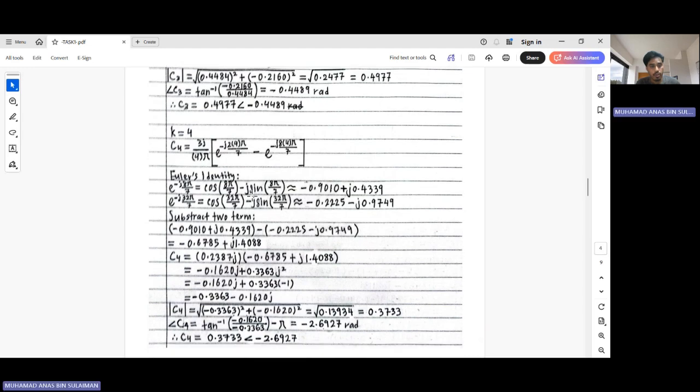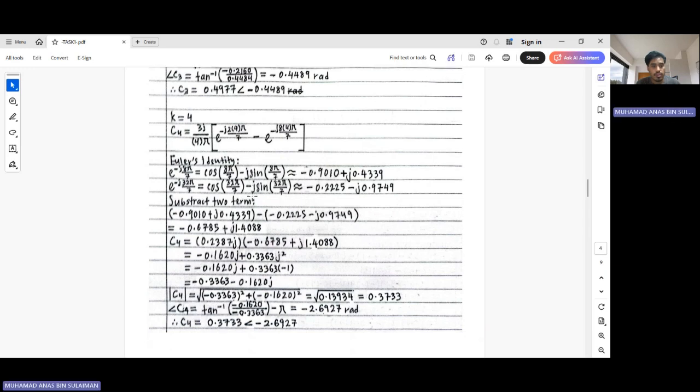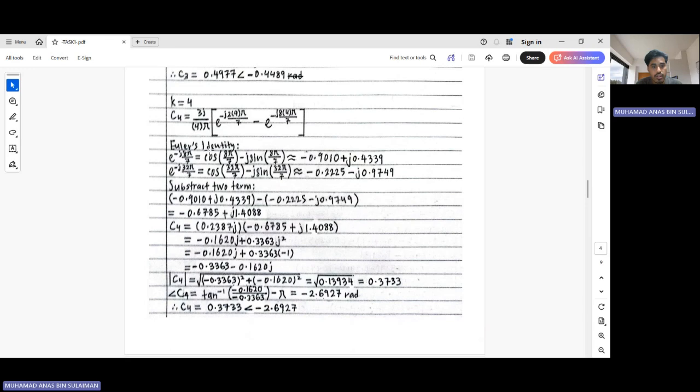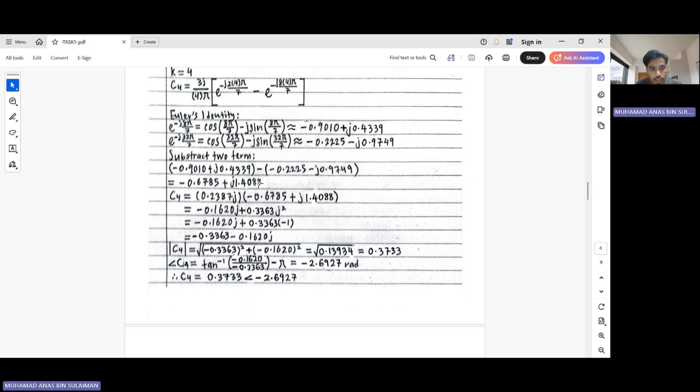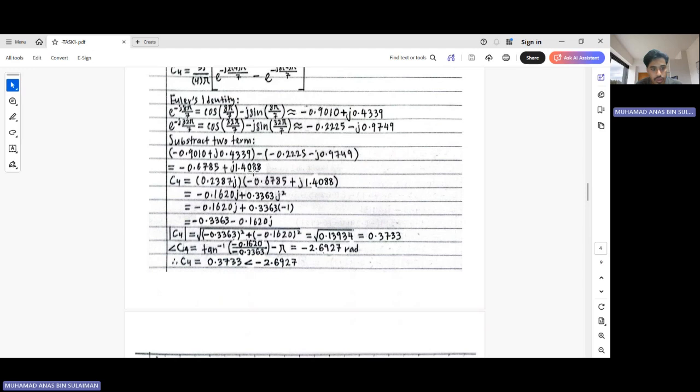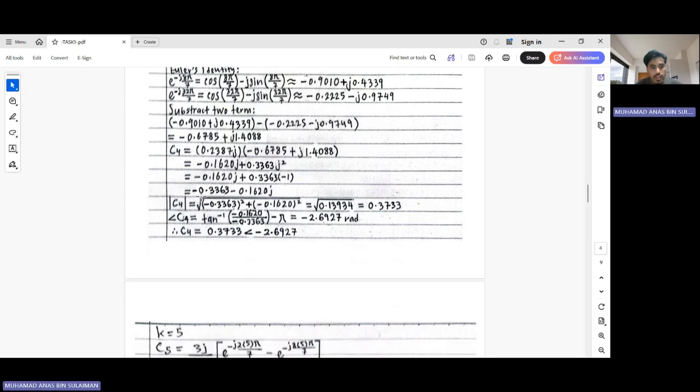But for the fourth and fifth terms, they are slightly different. Even though we use Euler's identity in that calculation, after we find the answer we get two negative values for c4, which is negative 0.3363 minus 0.1620 j.